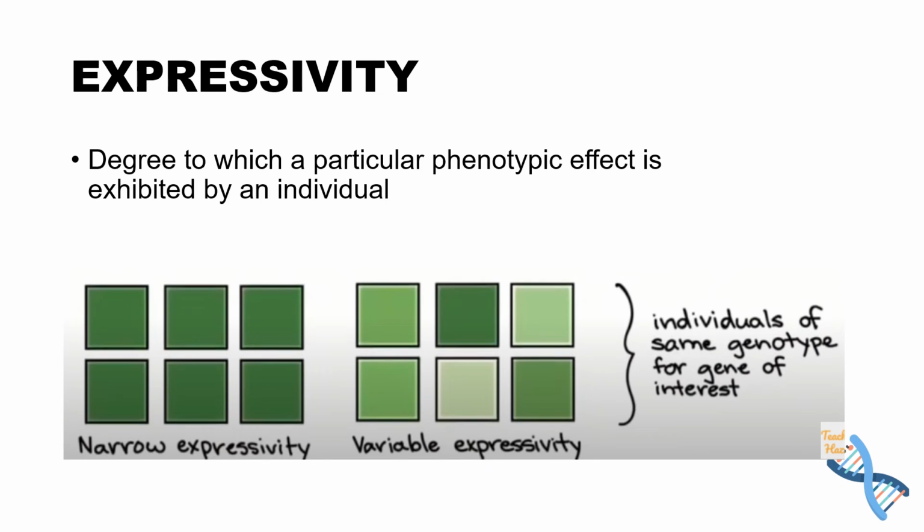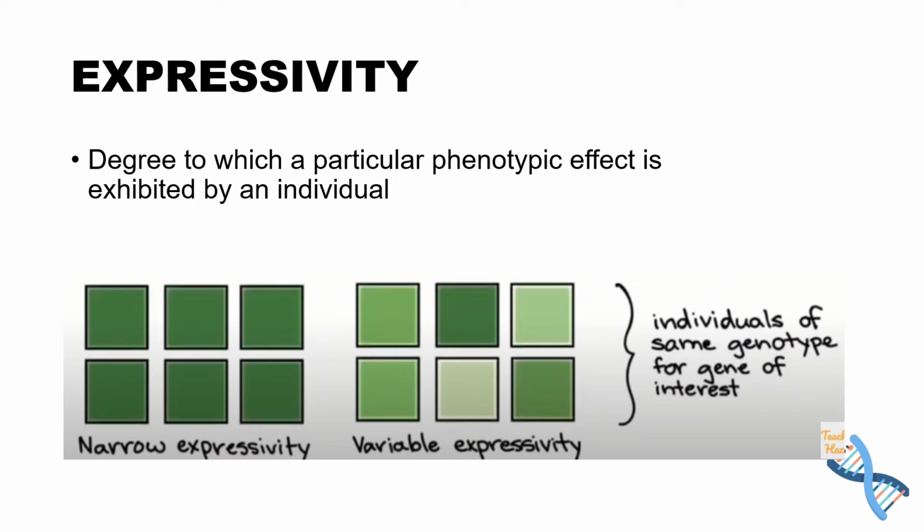So when we say expressivity naman, this is the degree to which a particular phenotypic effect is exhibited by an individual. So dito sa expressivity, you assume na yung trait na yun, na-express lahat ng mga individual sa population.